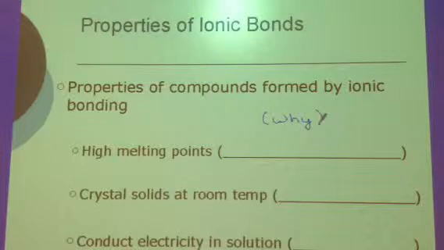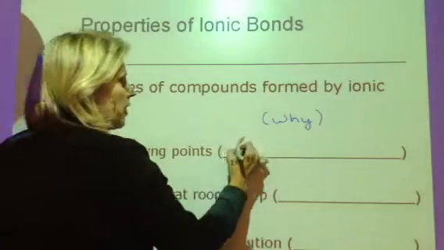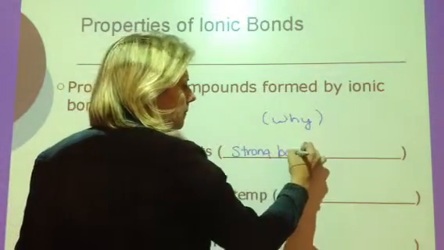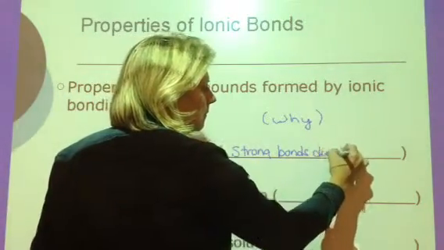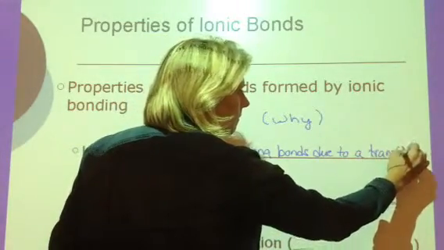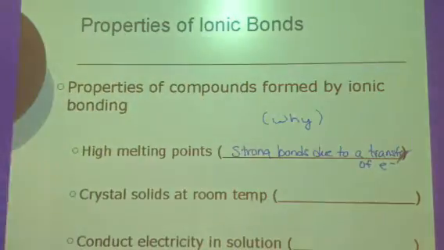The first one, high melting points. That means that we have very strong bonds. These strong bonds are a result of the transfer of electrons. One loses these precious electrons, and one gains those electrons.